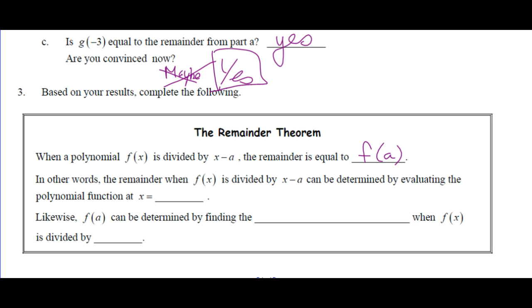In other words, the remainder when f of x is divided by x minus a can be determined by evaluating the polynomial at x equals a. Likewise, f of a can be determined by finding the remainder when f of x is divided by x minus a.